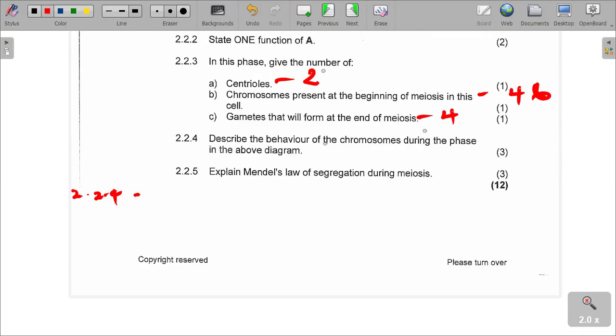What we need to understand is that the behavior is that the sister chromatids synchronously split at the centromere.